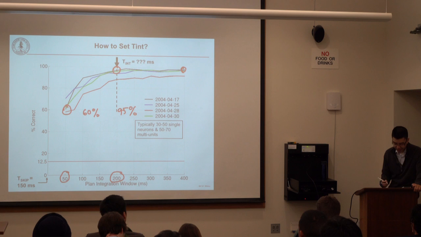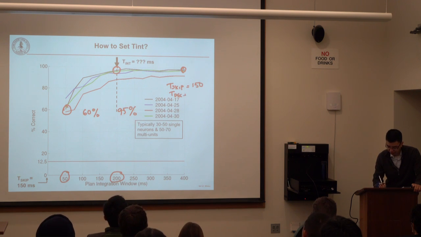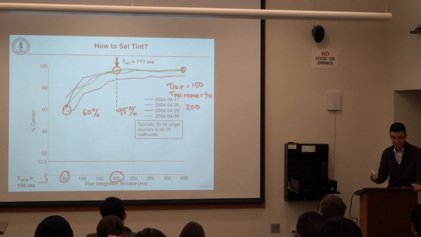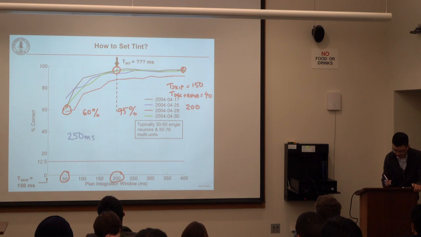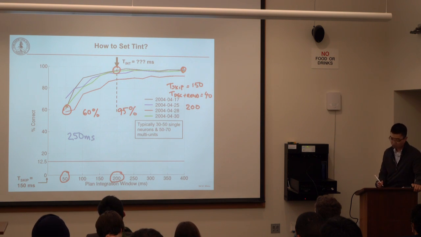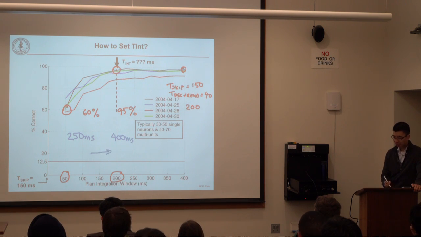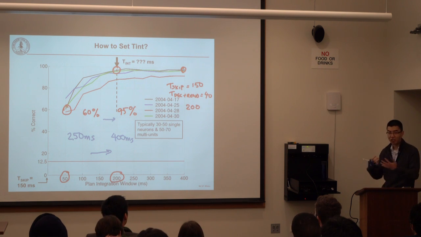But if you remember, we set t-skip equals 150, and t-decode plus render is equal to 40. I'm just going to call this 200, even though it's 190, for simplicity. If we integrate for a tint of 50, the time for each trial is 250 milliseconds. But if we integrate for a tint of 200, the time for each trial is 400 milliseconds. So we've almost doubled the time it takes to make each selection, but we've also gotten a 35% increase in accuracy. How do these two trade off?